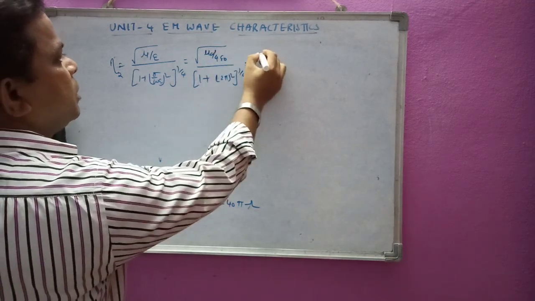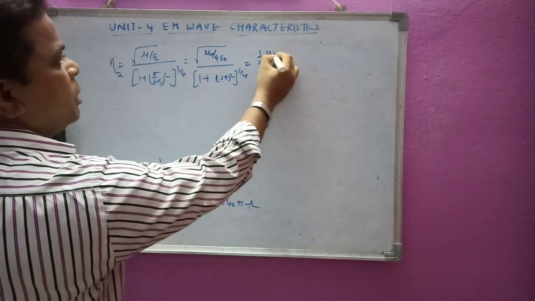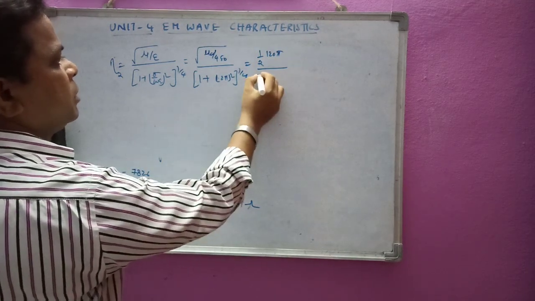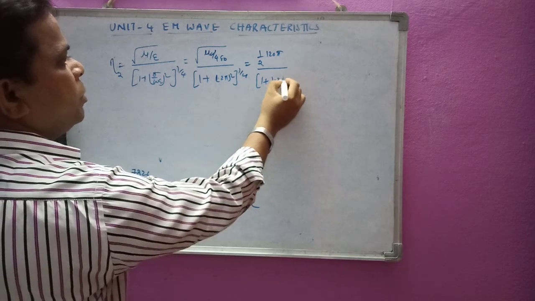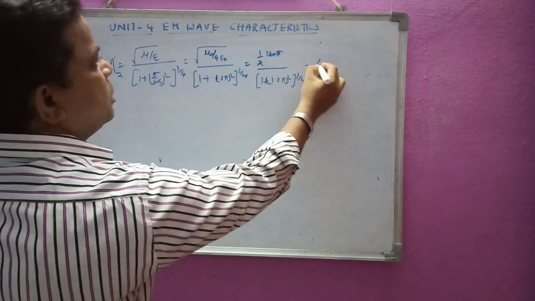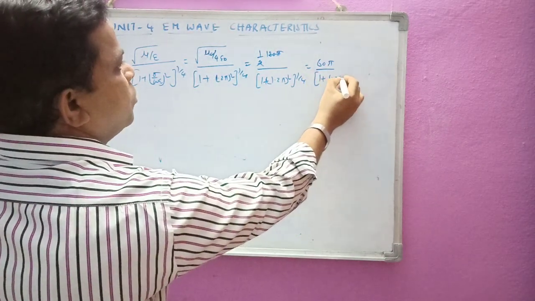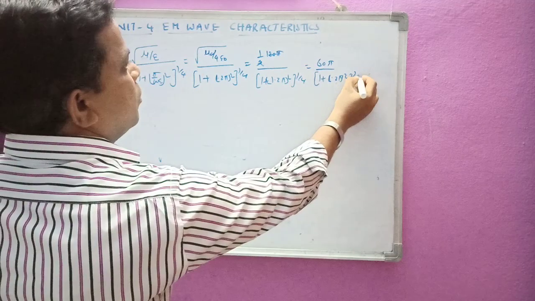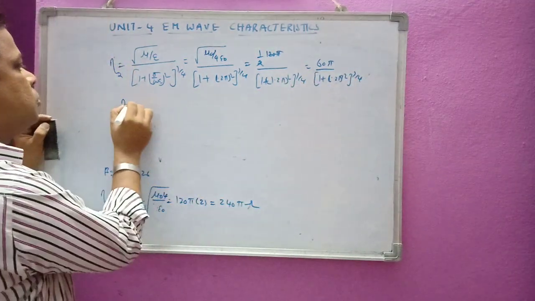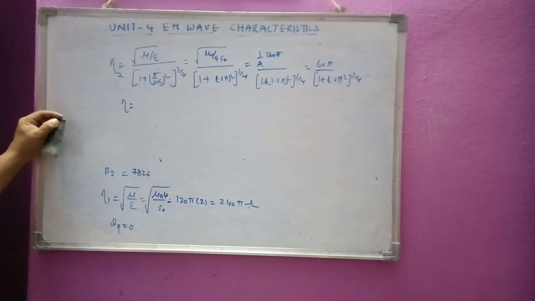This value will give 1 by 2 root mu naught by epsilon naught, that is 120 pi, which is equivalent to 60 pi, times 1 plus 1.2 pi whole square, whole power 1 by 4. So you can check the value of eta 2 will be approaching some value, which is given as 95.445.